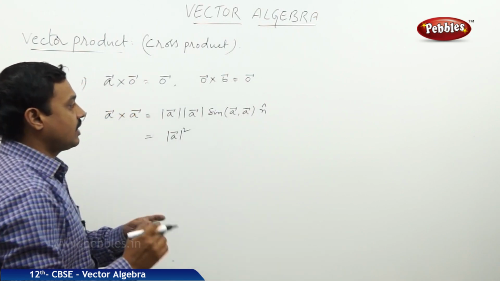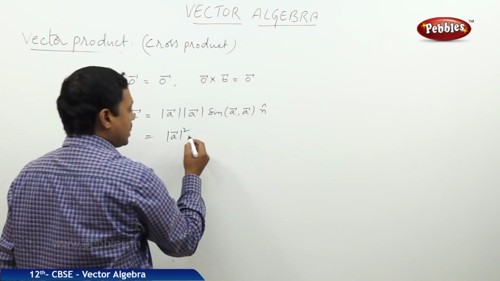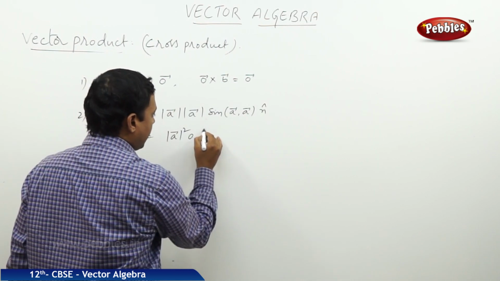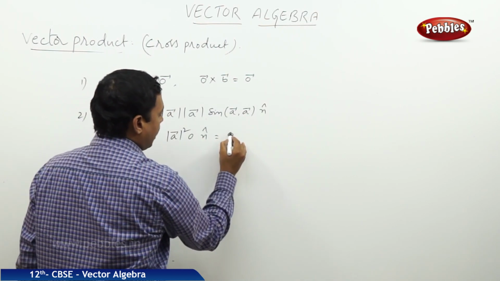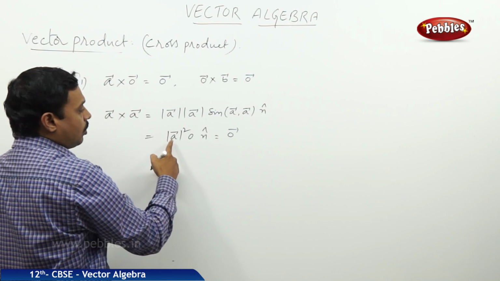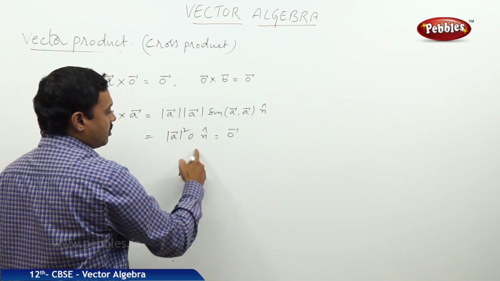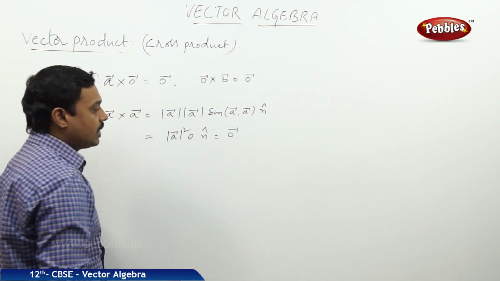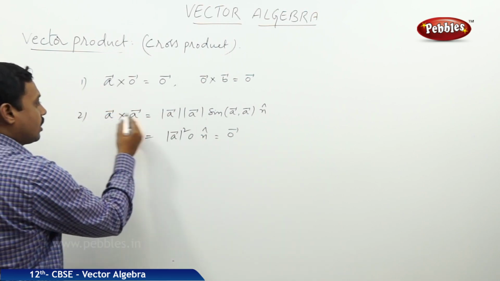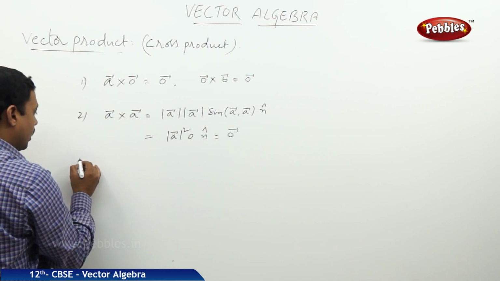The angle between a vector and itself is always 0. Sine 0 is 0, into n cap. So totally it is 0 bar, because modulus of A square into 0 is equal to 0. When 0 is multiplied to any vector, it becomes a null vector. Therefore, A cross A is equal to 0 bar.